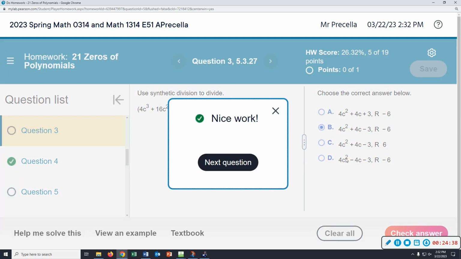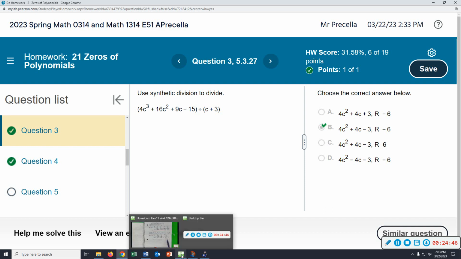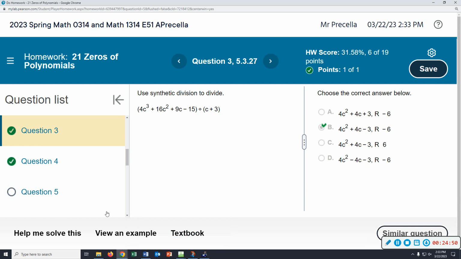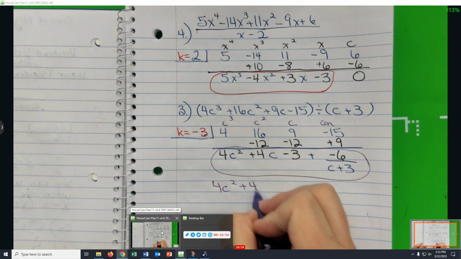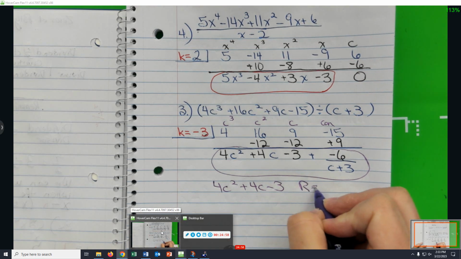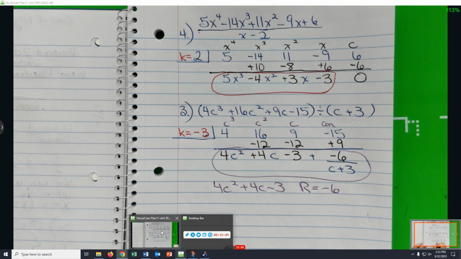Instead of writing the remainder over divisor, they're just taking the easy way out with R negative 6. I could write it as 4c squared plus 4c minus 3 R negative 6. I would have rather they said R equals negative 6, but they didn't. Any questions there?